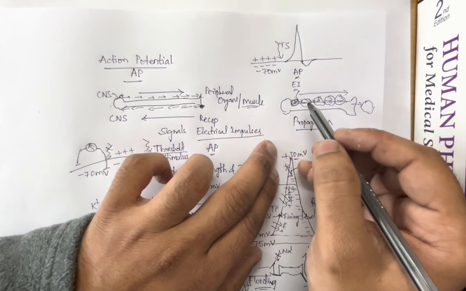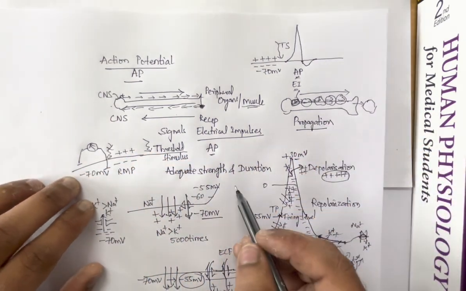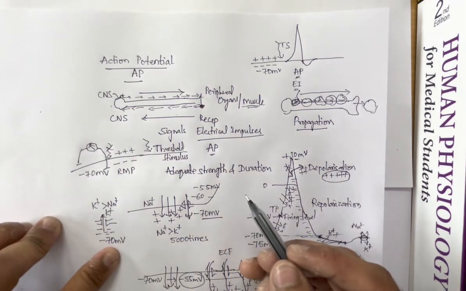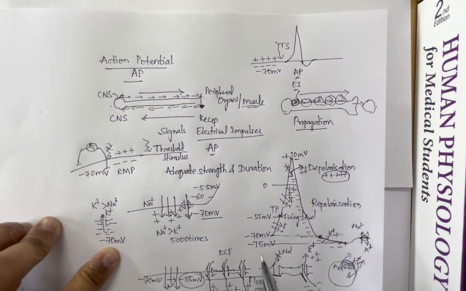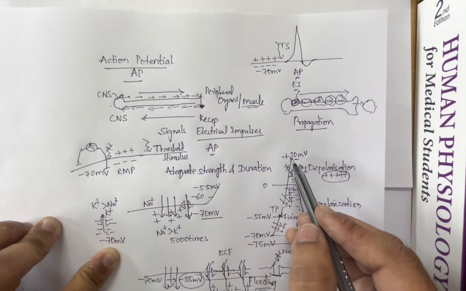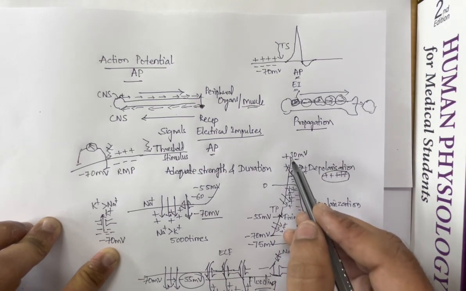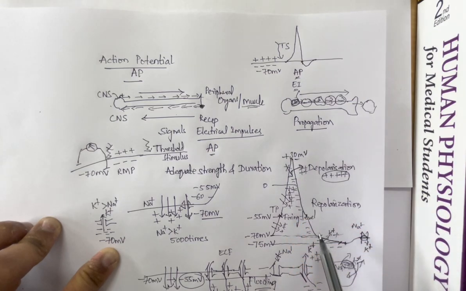So to summarize, what is action potential? Action potential is a brief, rapid, sequential change in the membrane potential from its resting level towards plus 30 or the overshooting level and restoring back to the resting level.